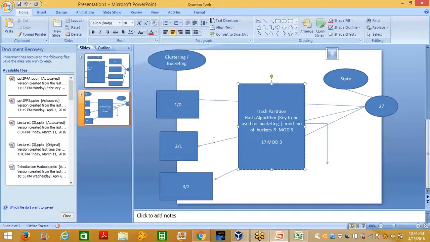That is one thing. And the second thing that we need to understand here is, if we combine these two things, what are these two things that we want to combine? We would like to combine partitioning and bucketing.